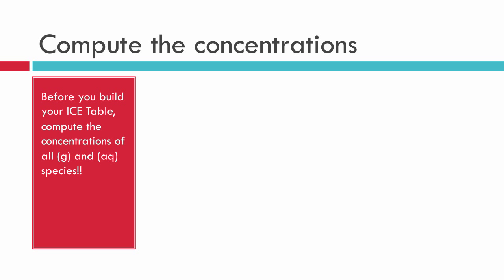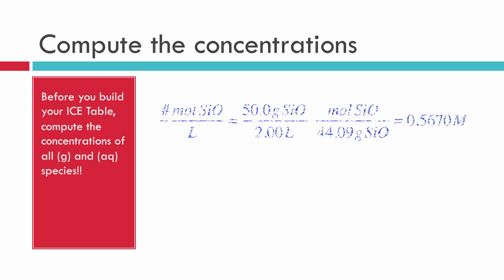All right, so before we can do anything towards solving the problem, we need to get our initial situation in terms of concentrations, because this is a K sub C, or an equilibrium expression in terms of concentrations. So we can solve that quite easily by looking at the number of moles per liter that we're looking for in terms of silicon monoxide, starting with the 50 grams in a 2-liter container and converting with the molecular mass of silicon monoxide.